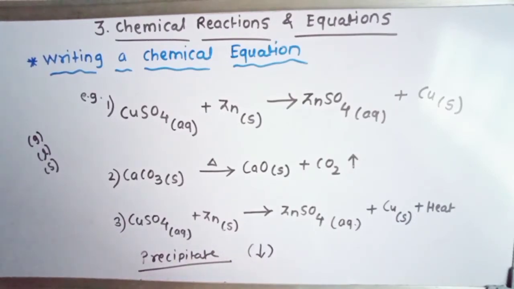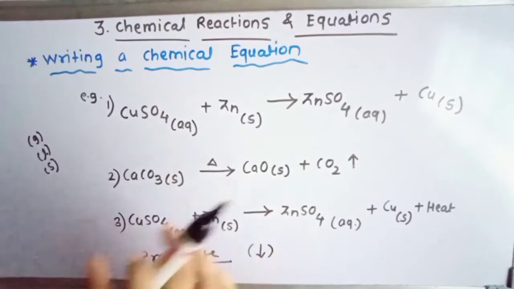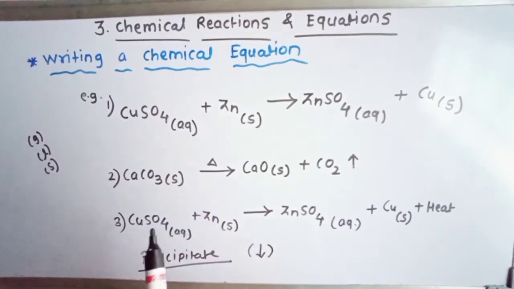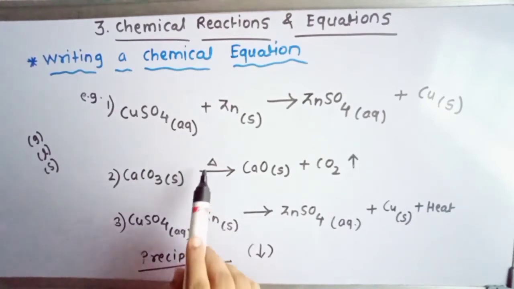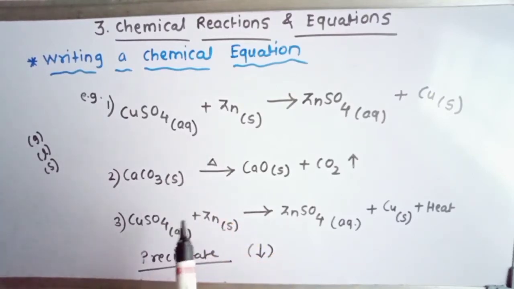Then when heat is to be given from outside, now see the second reaction. When heat is to be given from outside to bring about a reaction, a sign of triangle is written above the arrow that indicates the direction of the reaction.